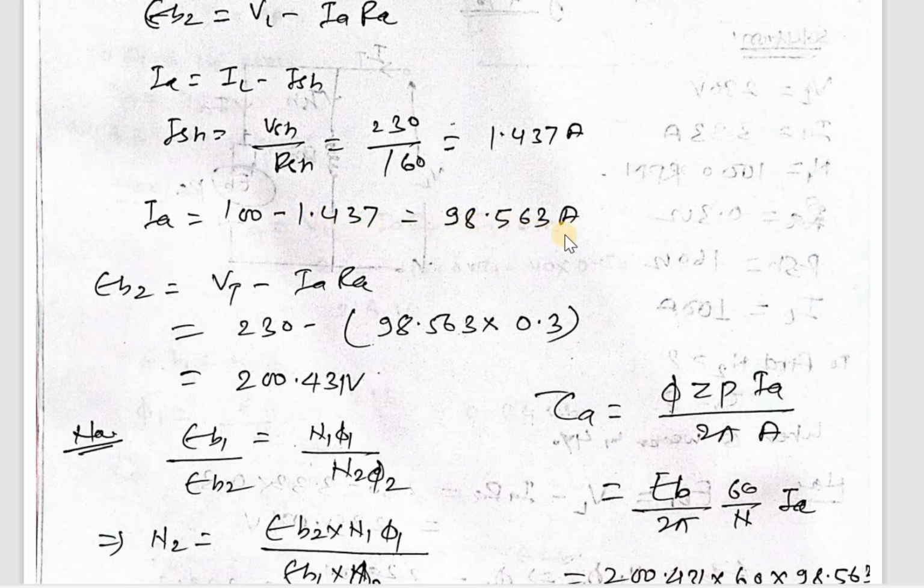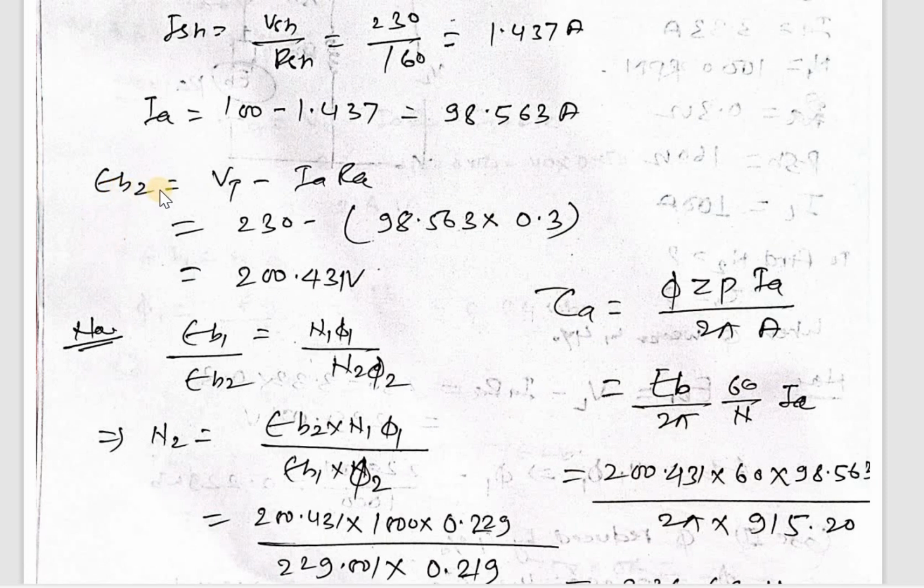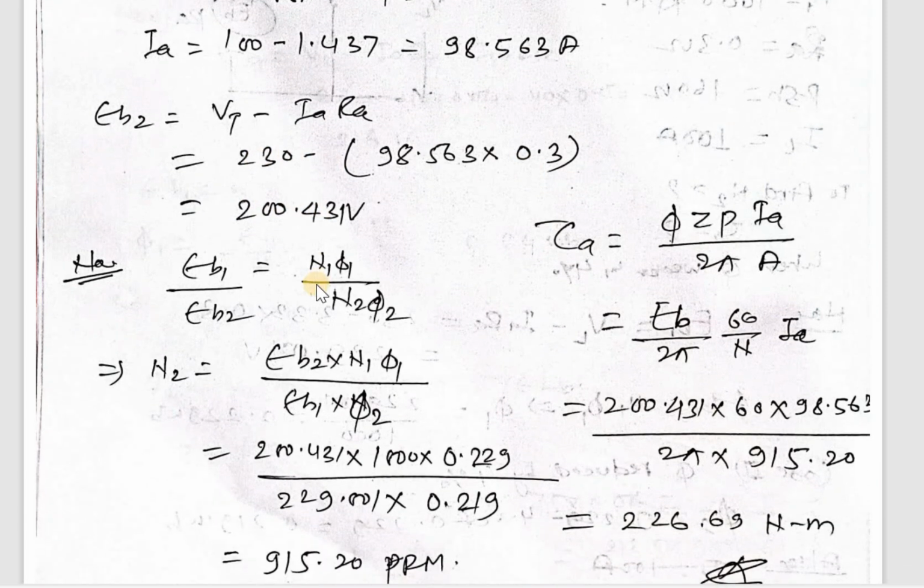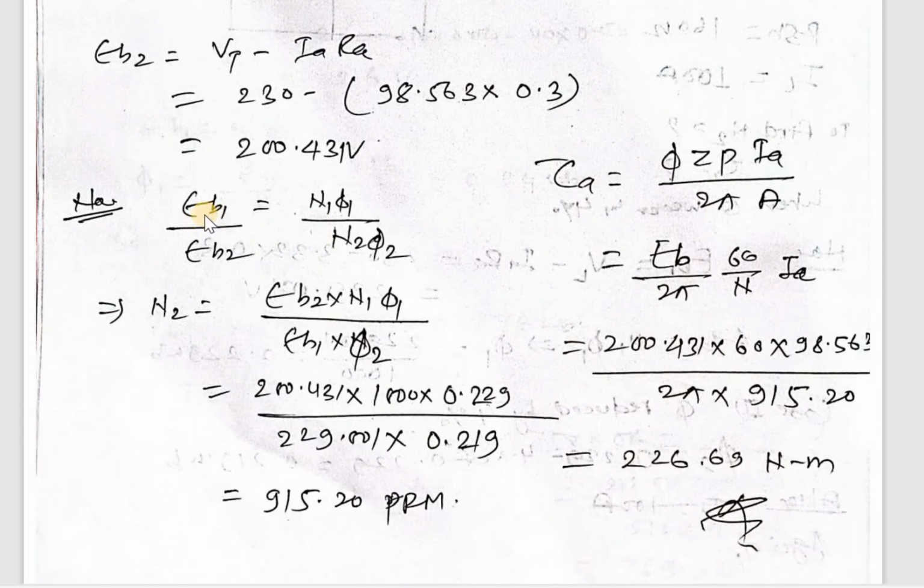Therefore EB2 equal to VT minus IA RA. Then put all these values, you can get the value of EB2, 200.431 volt.